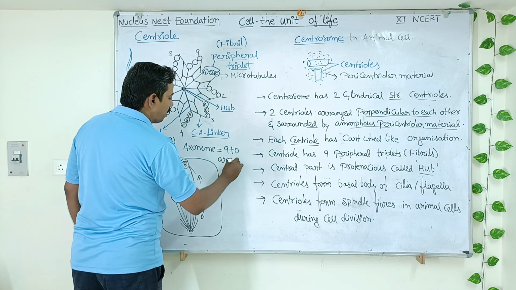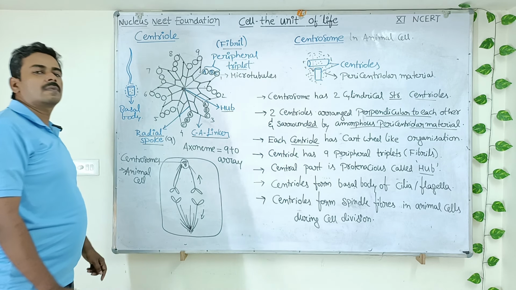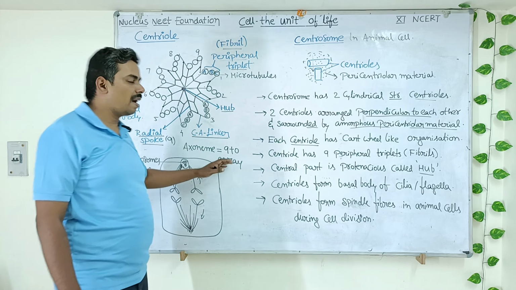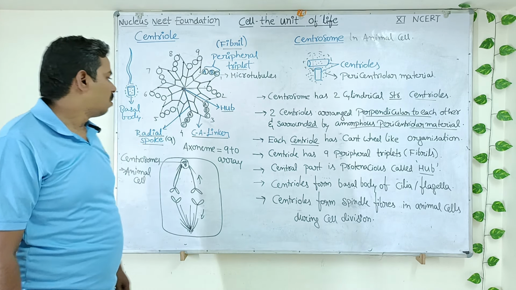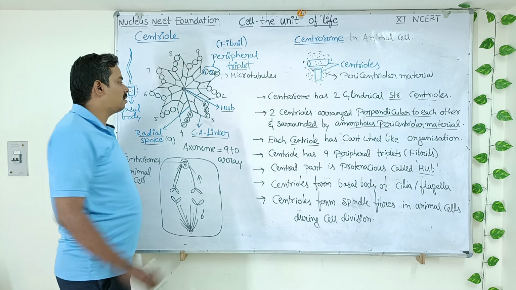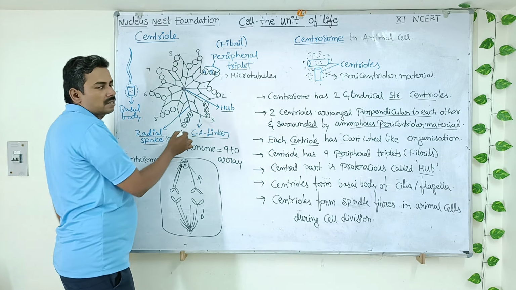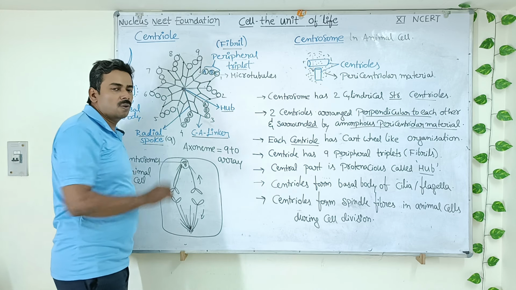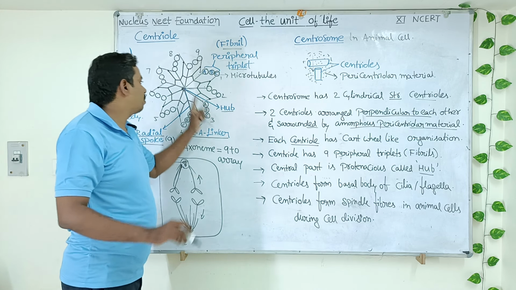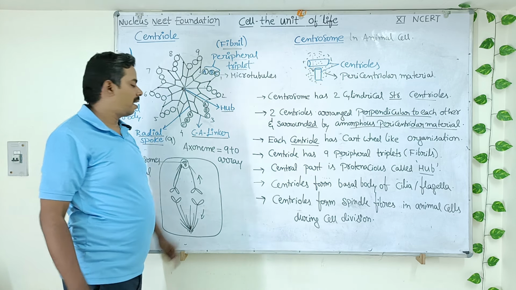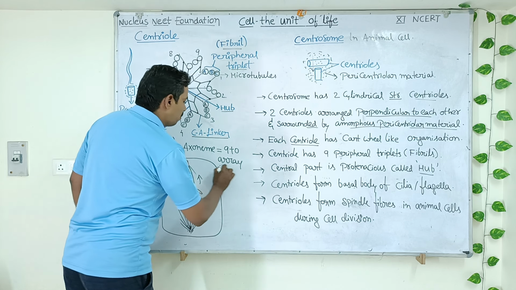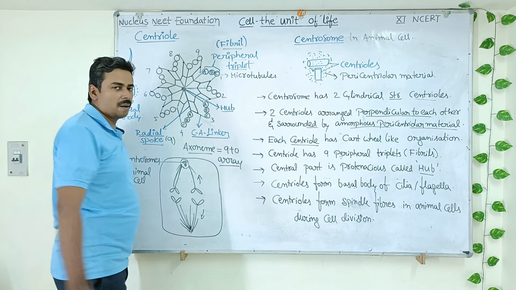The axoneme has a 9 plus 0 array arrangement of microtubules. What does this 9 plus 0 represent? There are 9 peripheral triplets and 0 microtubules at the center. That is called 9 plus 0 array. Very, very important for your exam.